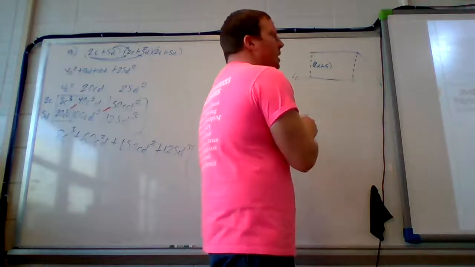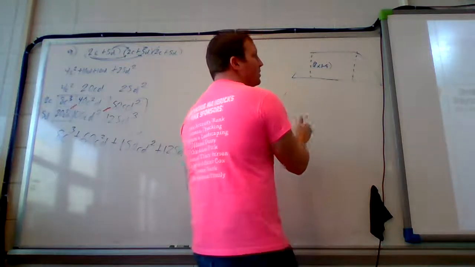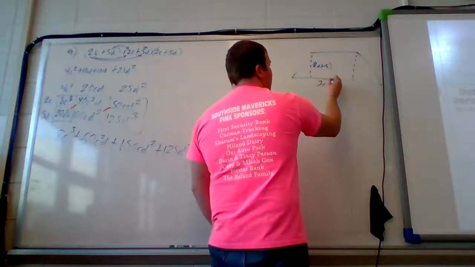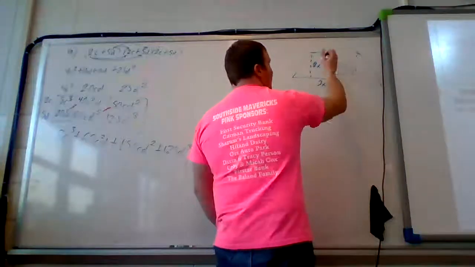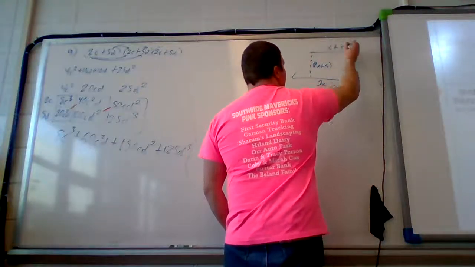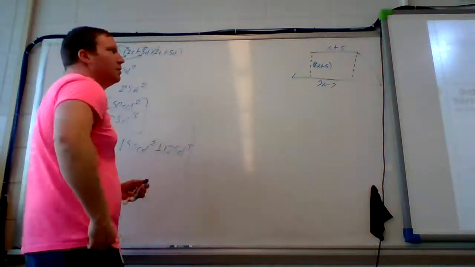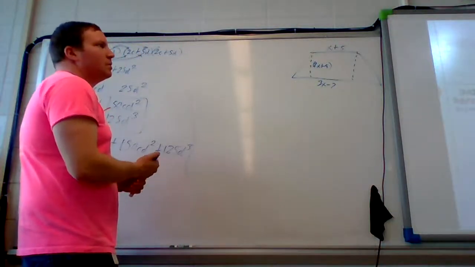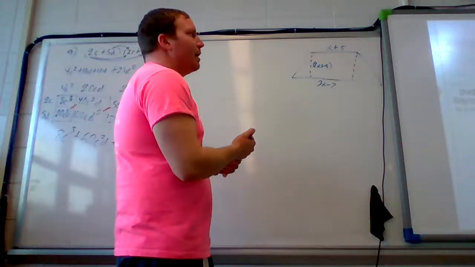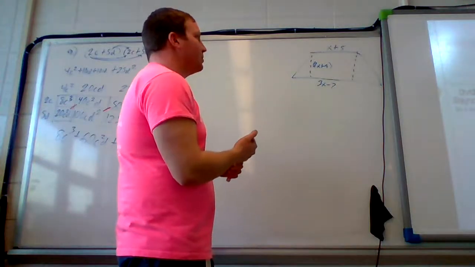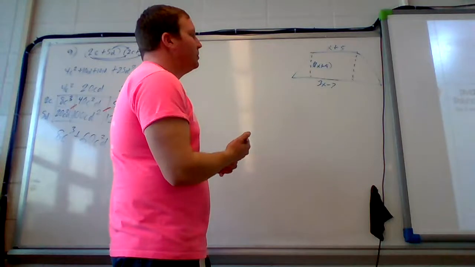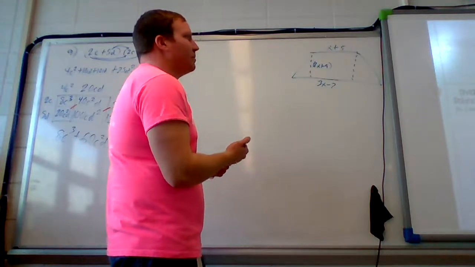And then the bases can be 3x minus 7 and x plus 5. So then write an equation to represent the area of the trapezoid.